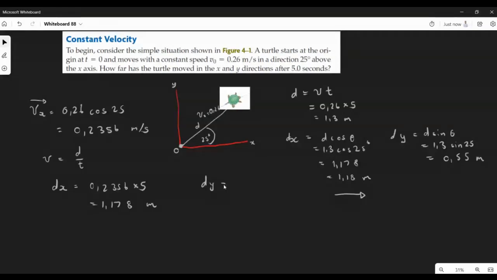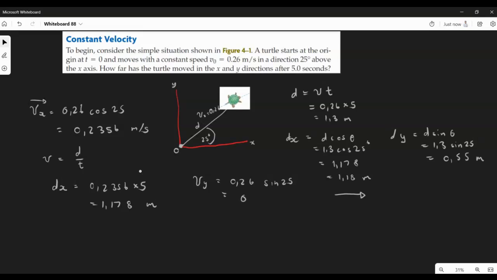And if we do the same for the y, you're just going to say 0.26 sine of 25, and I'll just calculate that for you.